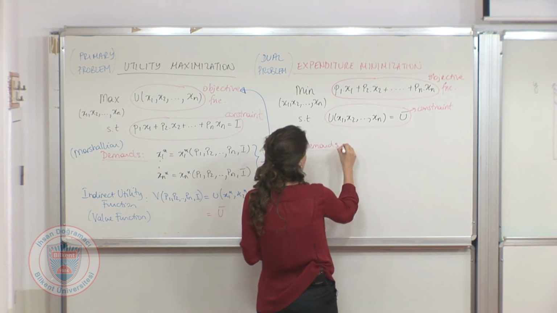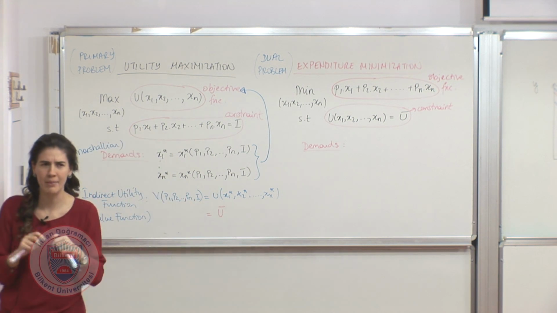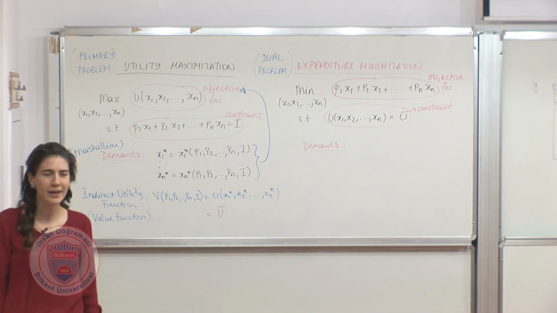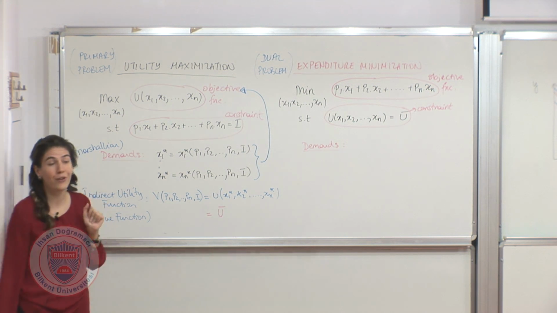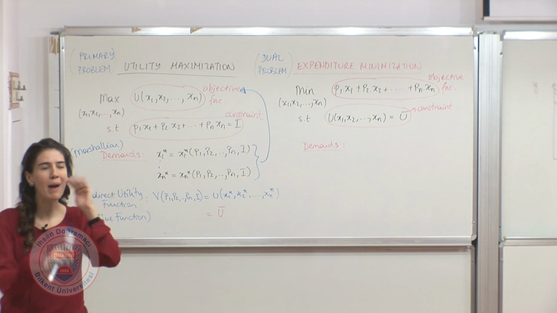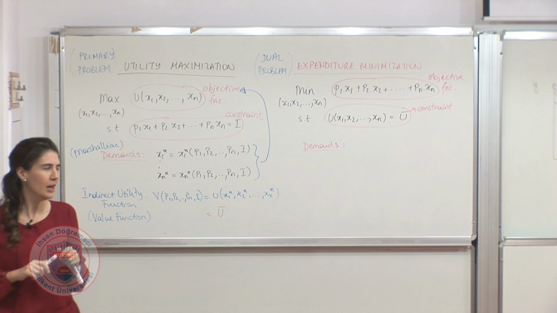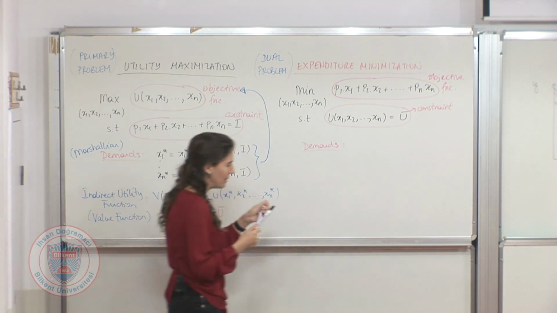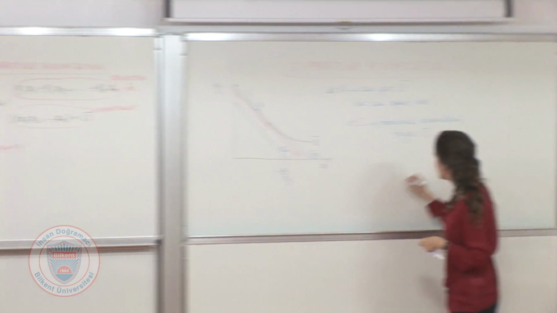And the demands that we're going to get from here, you'll see that they are going to be called Hicksian demands. Marshall is due to Alfred Marshall, who first came up with the demand and supply curve. Later we'll see, but when you draw the demand curve, how do you draw it?